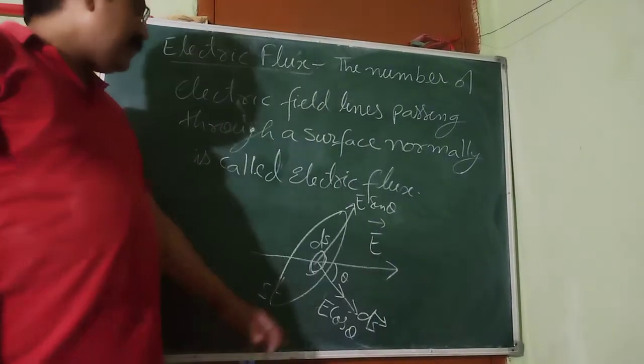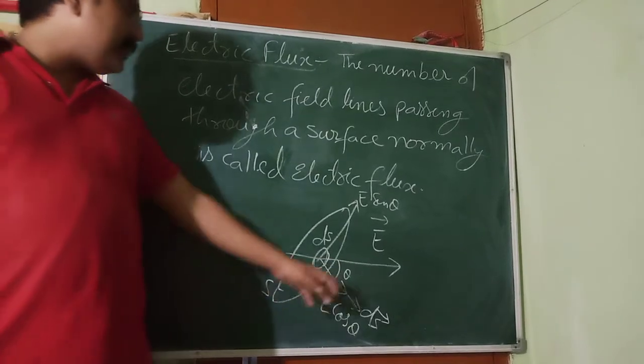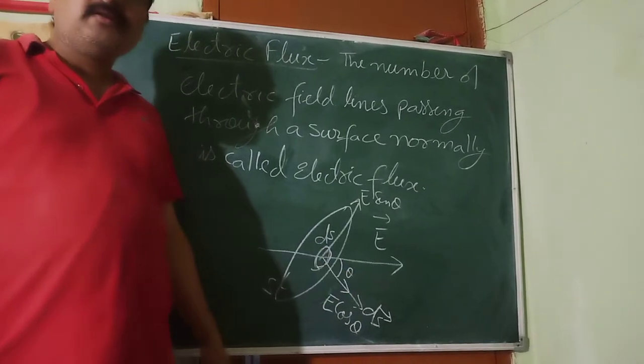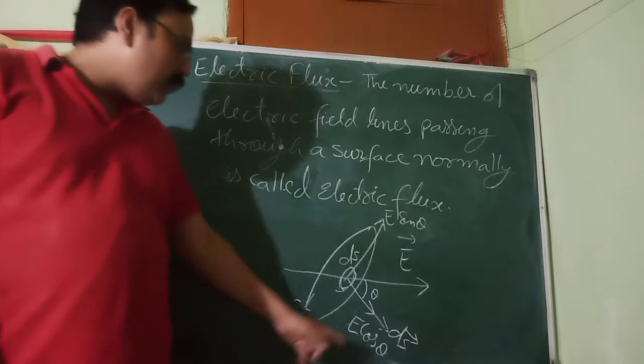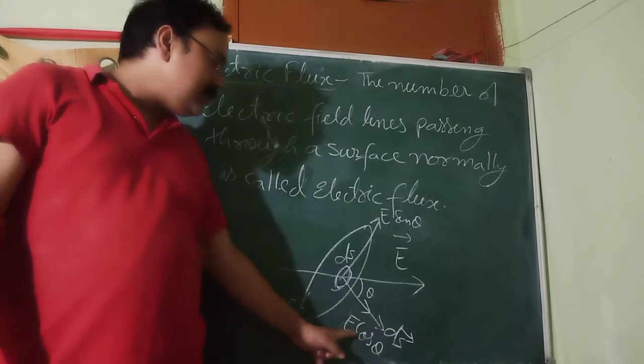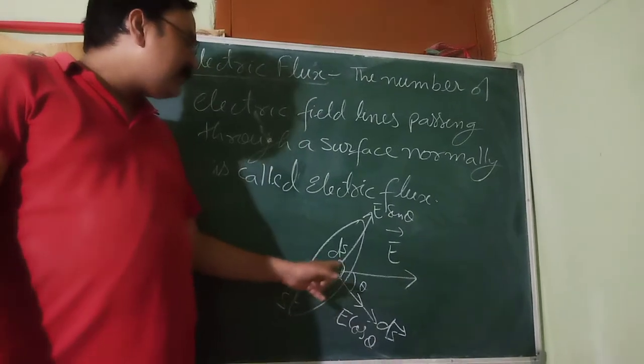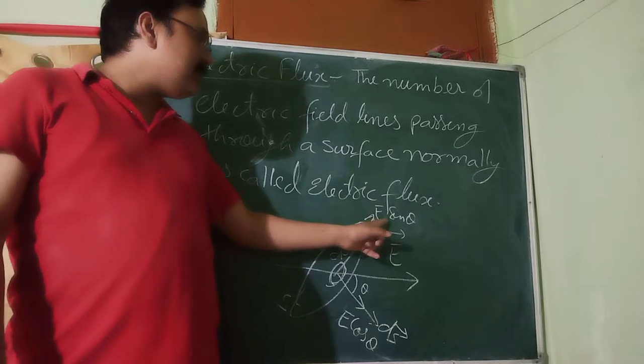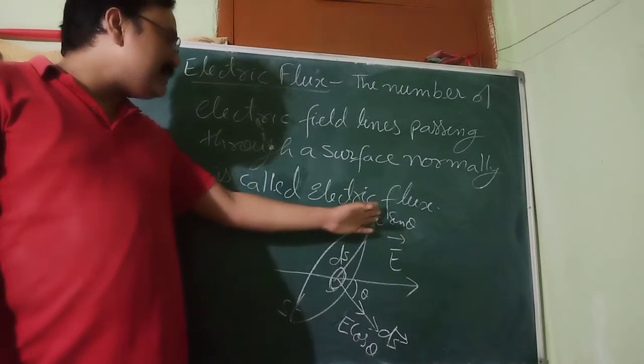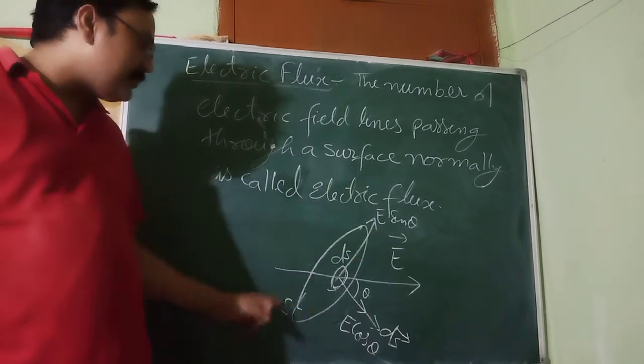As the angle is theta, the electric field intensity will have two components: one along this, that is E cos theta, and another perpendicular to this, that is E sin theta. You can see E sin theta is parallel to this surface.